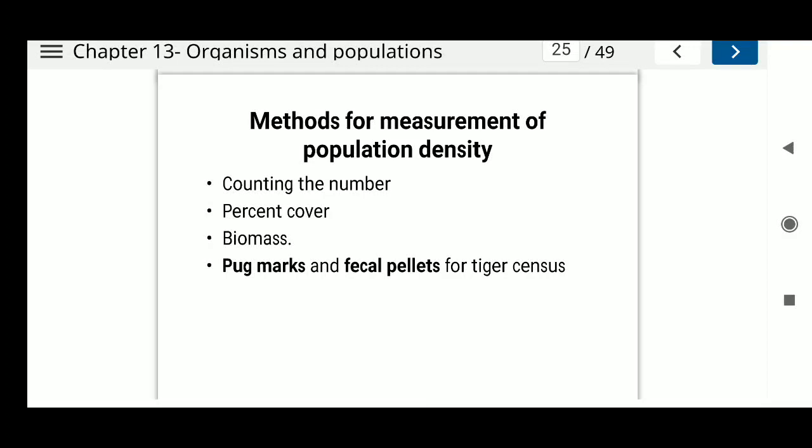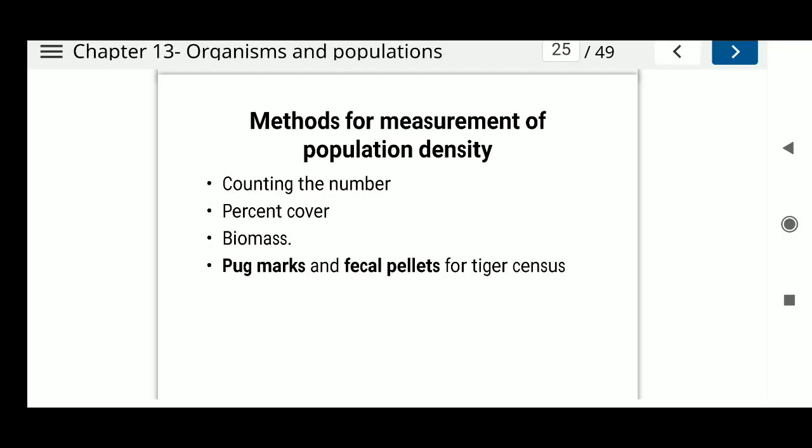Can we go and count? No, right? So it is based on their pug marks, or we also call them footprints, or on the fecal pellets. By that we can count the number of tigers in a particular area. Maybe it is a tiger reserve or maybe a national park.